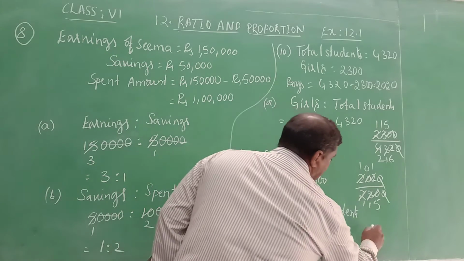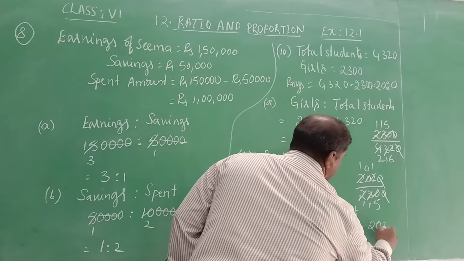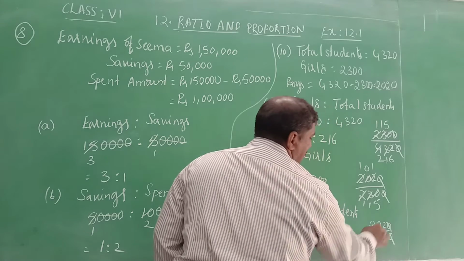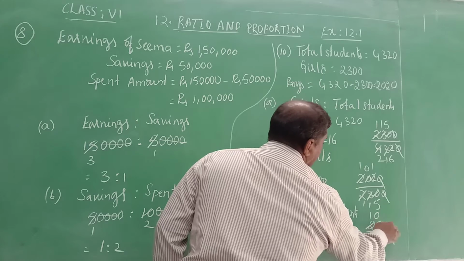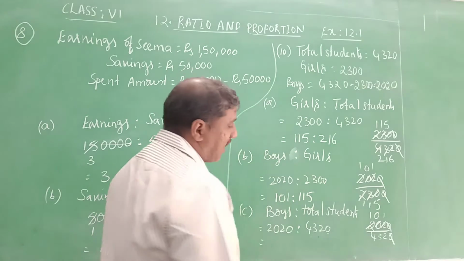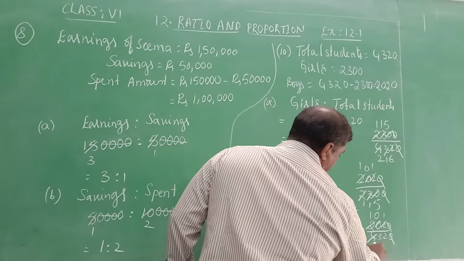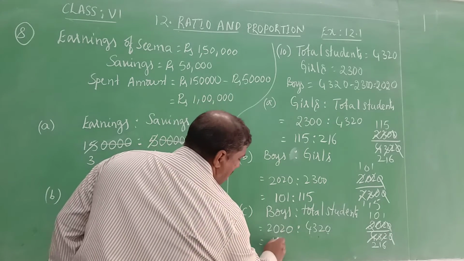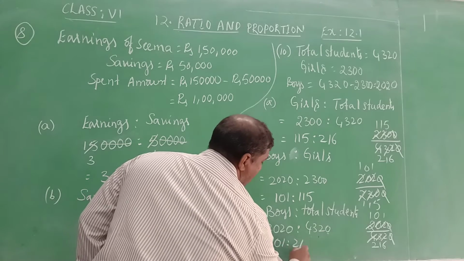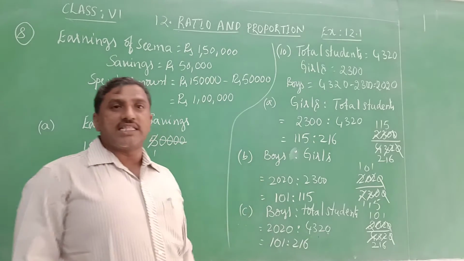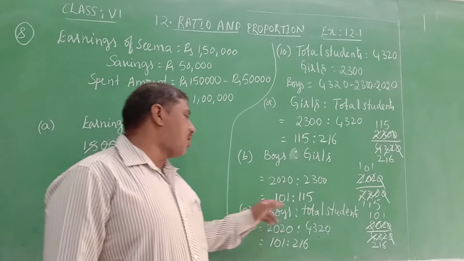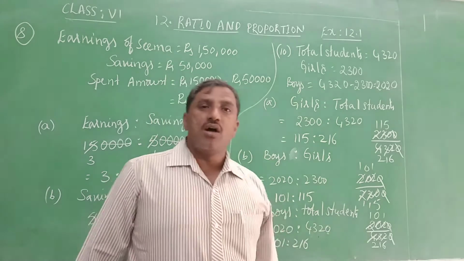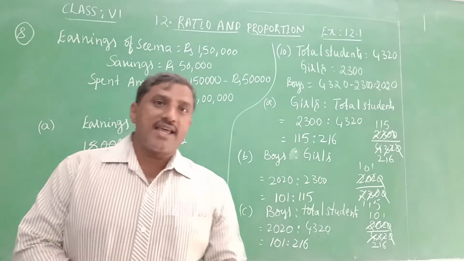Now find the ratio: 2,020 divided by 4,320. 0 and 0 cancel. 2 ones are 2, 2 zeros are 0, 2 ones are 2. Similarly here, 2 twos are 4, 2 ones are 2, 2 sixes are 12. So what do we get? 101 is to 216. Like this, we will find the ratio of boys to total students, boys to girls, and girls to total students. Is it clear, children?